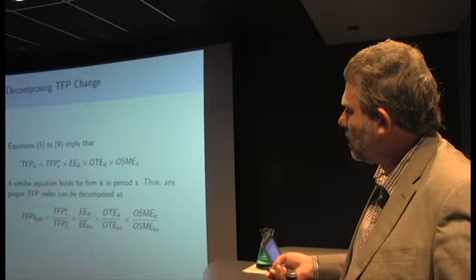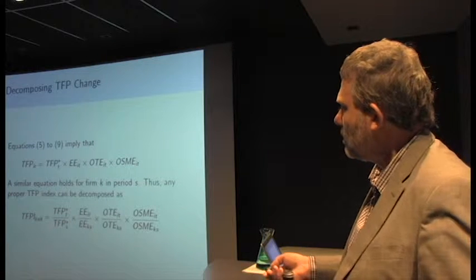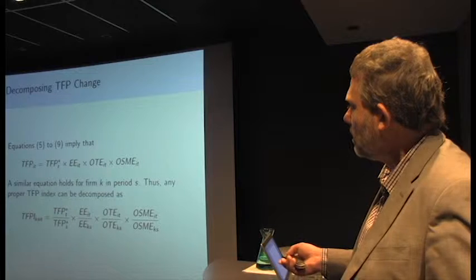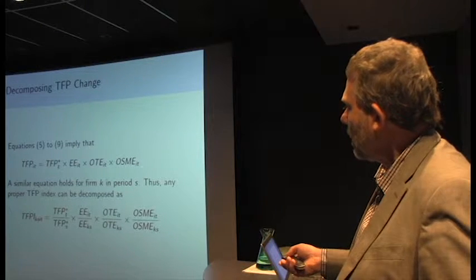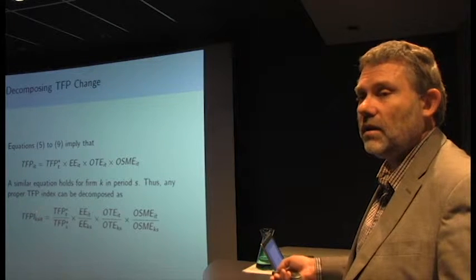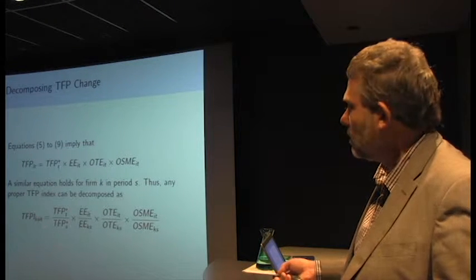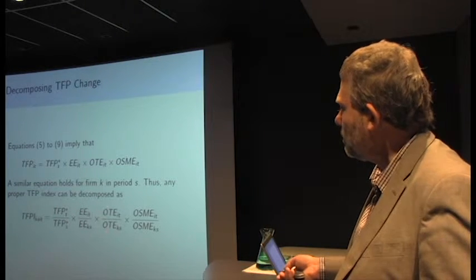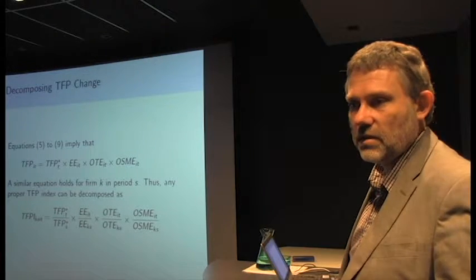For firm K in period S, same equation. Take the ratio of the two things, and productivity change is the ratio of this for firm I in period T to the same thing for firm K in period S. You've got a measure of change in maximum productivity in the two periods, that's technical change. Change in the environmental, that's environmental change. Change in technical efficiency, change in scale mix efficiency.